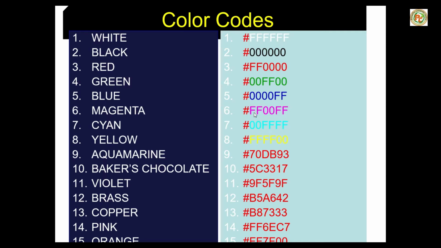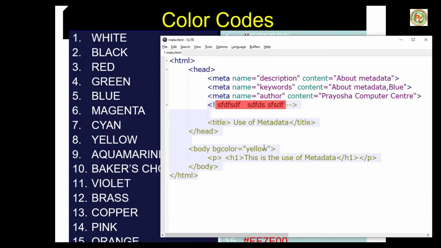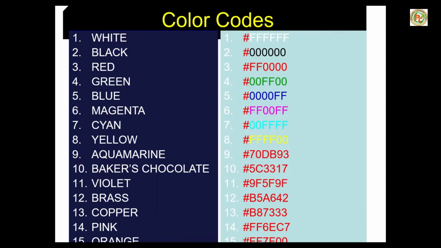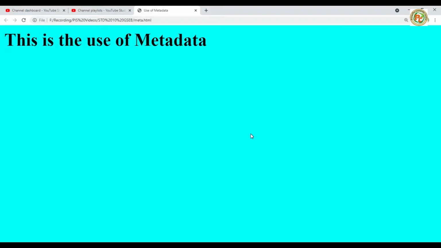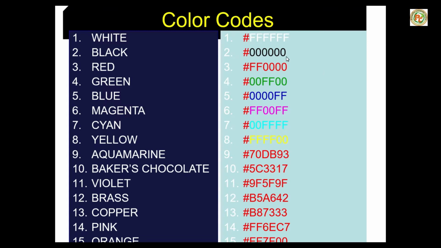But suppose we want to use a different color, so we will type here hash 00 and capital 1234 and F. Press Ctrl S and press F5. Yes, got it. So we can also use this kind of color combination.